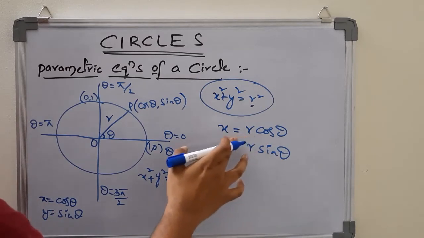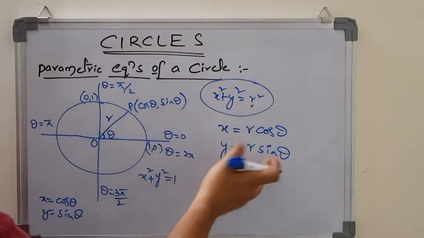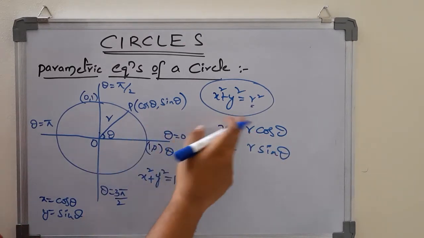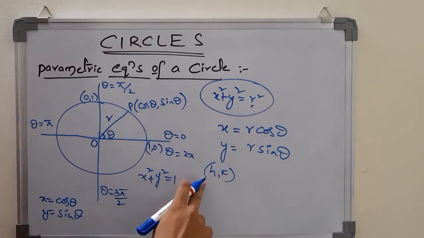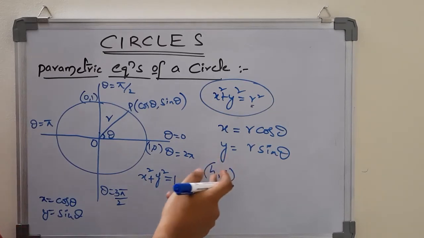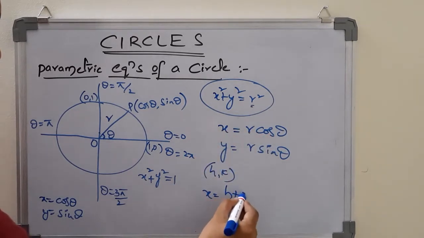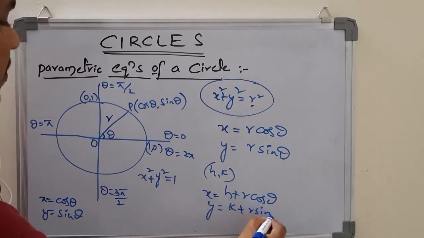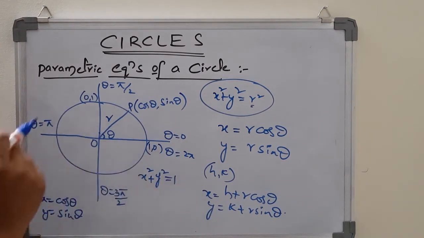If the center is located at (h, k), just add these two: x is equal to h plus r cos theta, y is equal to k plus r sin theta. These are the parametric equations of the circle.